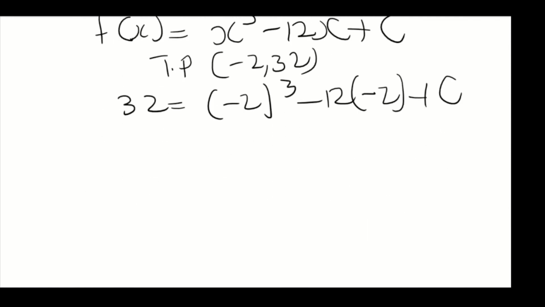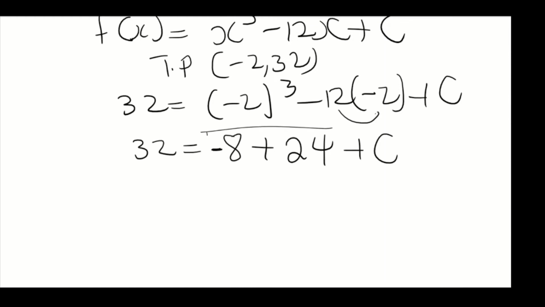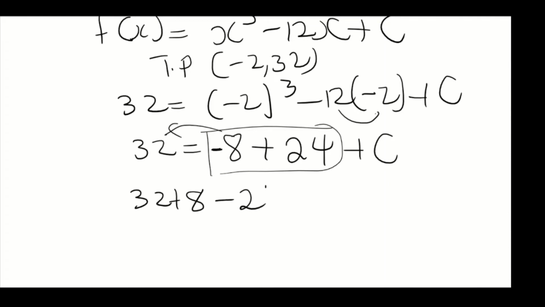All right, so 32 is equal to negative 8, and then 12 multiplied by 2 is positive 24, plus c. Then we transpose these two numbers to the other side. We have 32 plus 8 minus 24 is equal to c. So therefore our c value is equal to 16.